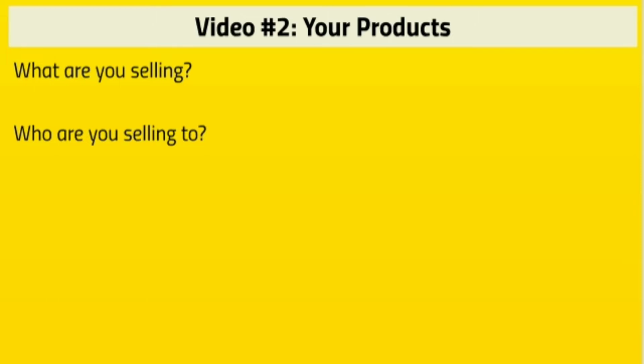Next, I want you to think about, who are you selling to? Now, you really have to think about this carefully because a lot of people tend to forget about this. Yes, you might know who you're selling to, but the next question that you should ask yourself is, how do they think? Will they accept the information?